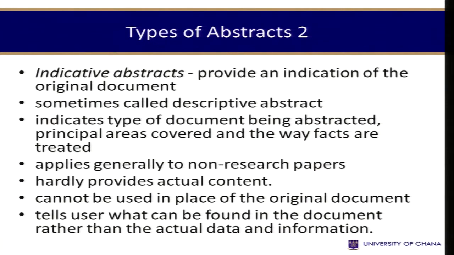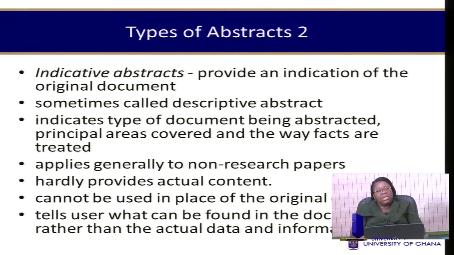Then we have indicative abstracts. These ones just provide an indication of the original document. Sometimes it's called a descriptive abstract. And these ones don't need to provide all the detailed information as we saw in the informative abstract. And they usually apply to non-research papers.